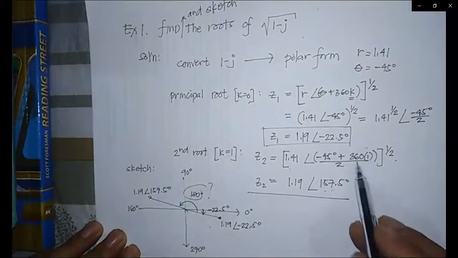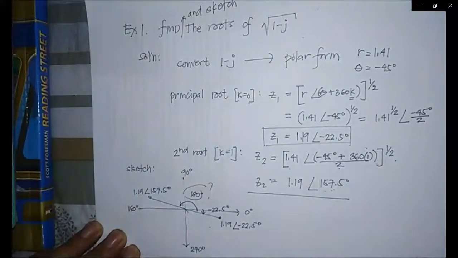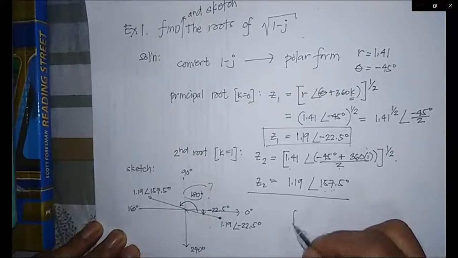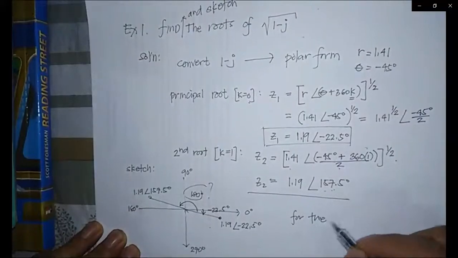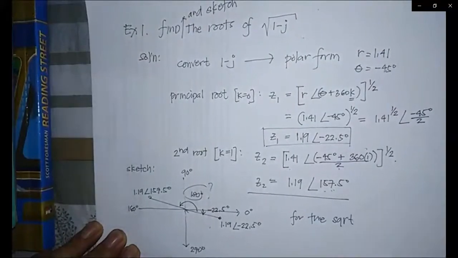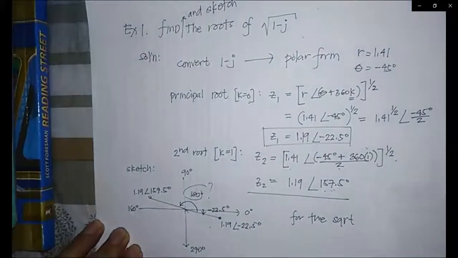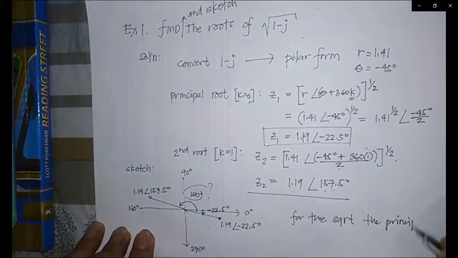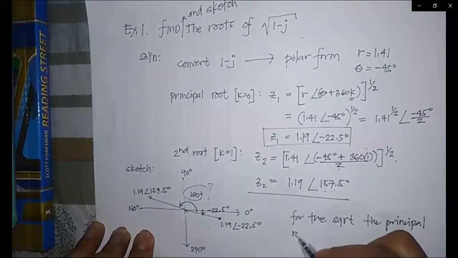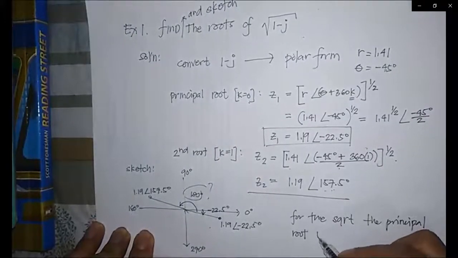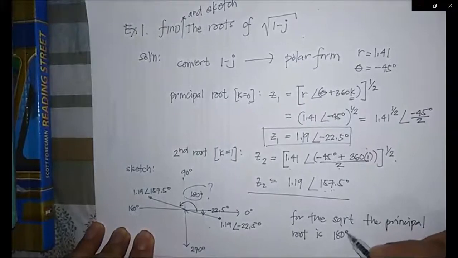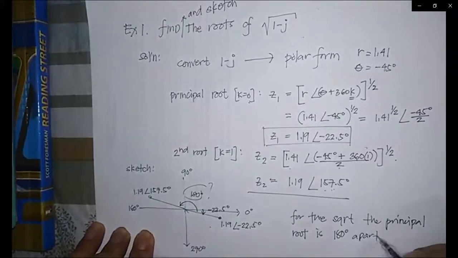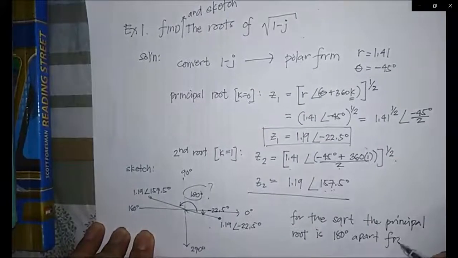Because we divided 360 by 2 and added that to negative 45 over 2. So for the square root, the principal root is 180 degrees apart from the second root. Okay?